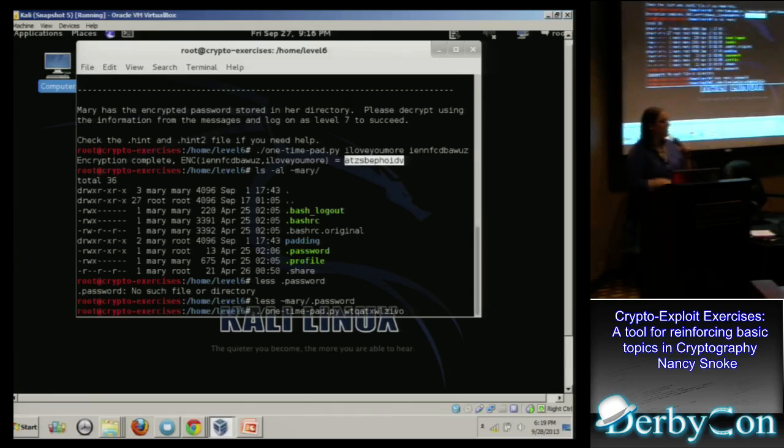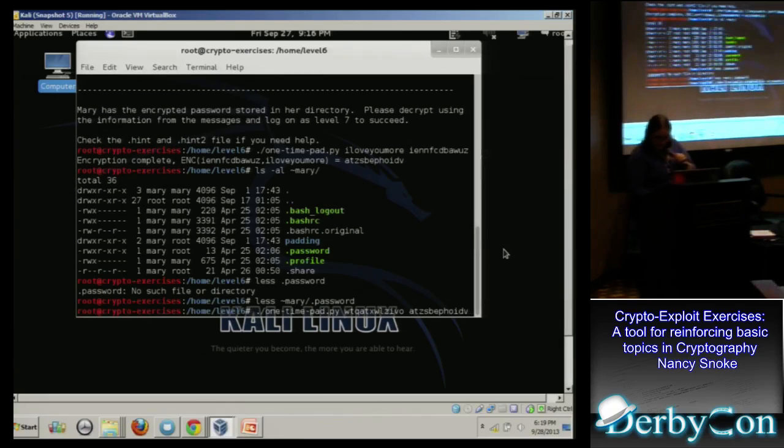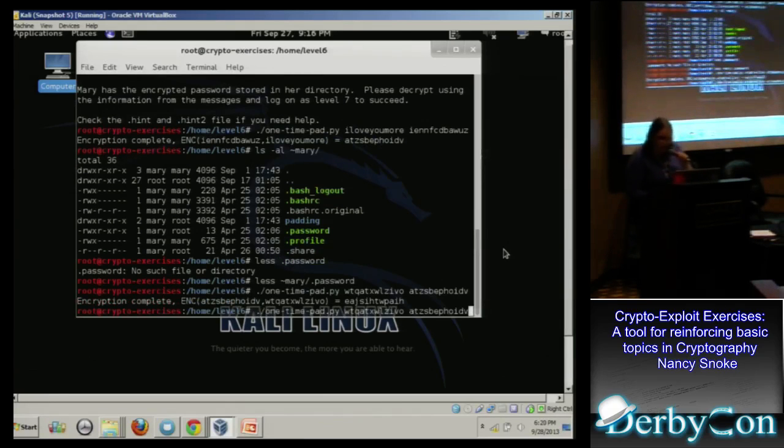In my original version, I chose really good passwords that nobody could guess, and then I realized you would never be able to tell when you actually decrypted it with the trick. So it has gone through several revisions here. Okay, I did that backwards, I think. That does matter.